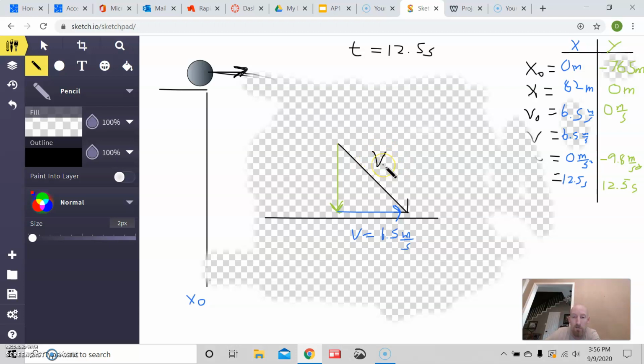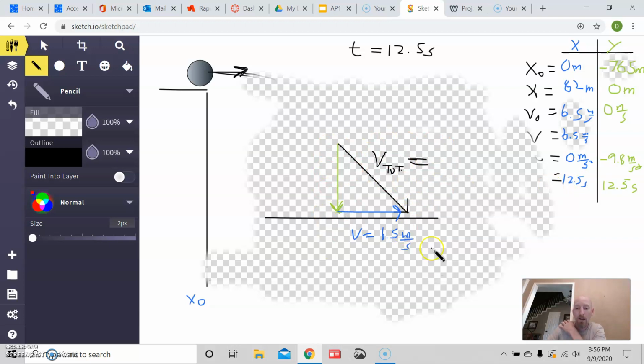You can call this V total, not V final. You can call it V total. This vector represents these 2 combined velocities. And that's what we're really asked to find. That's why we're not really looking for anything on either side of the chart. We're asking for those 2 added up.